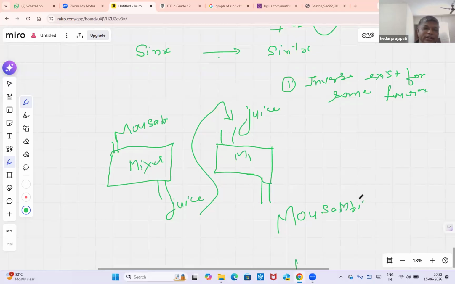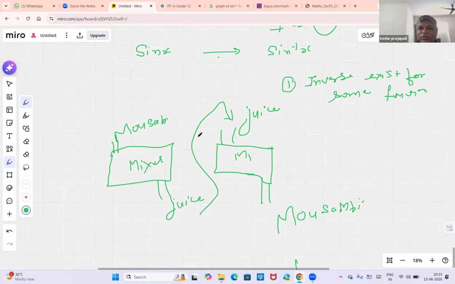So what I'm telling is, even though there are two machines, these two machines are not reciprocal to each other, because whatever function this machine is performing, the other machine is not able to reverse it. So here the function will not be inverse.